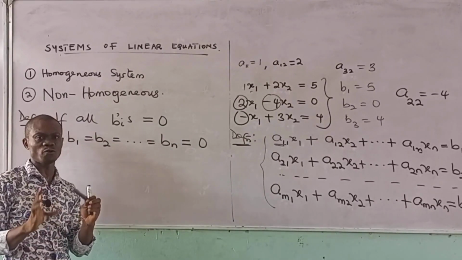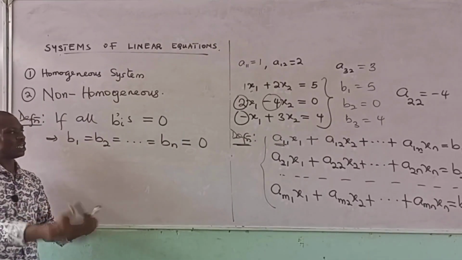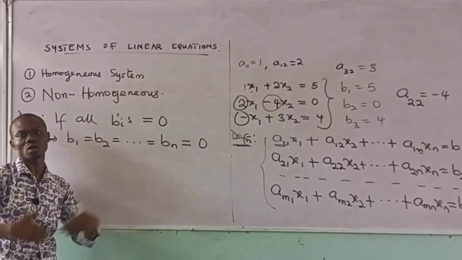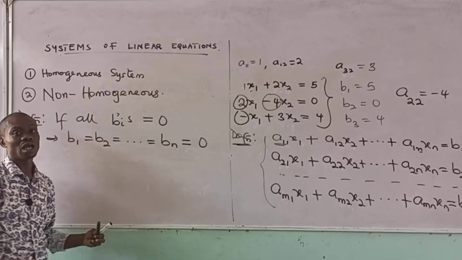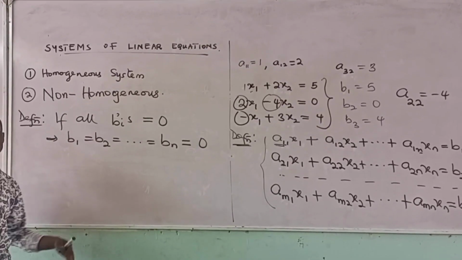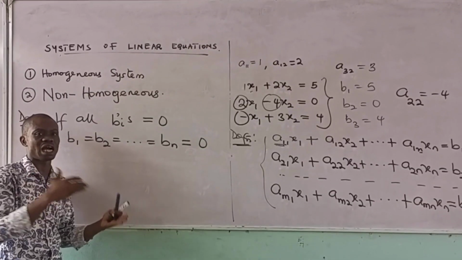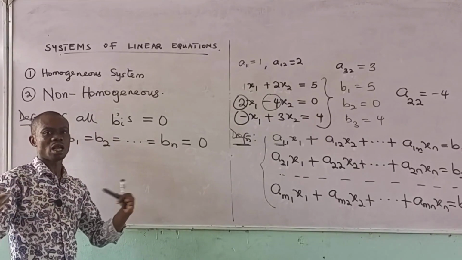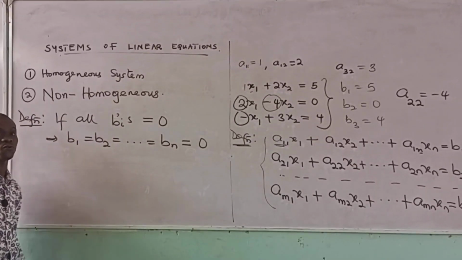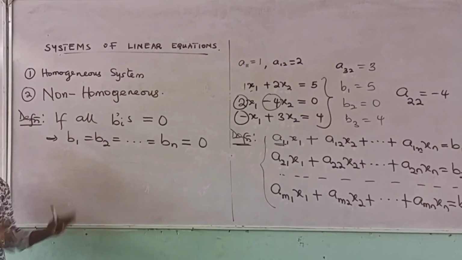You will see how beautiful this is when we begin to interact with systems of equations, other solutions, and other things that we are going to see here, such as the concepts of linear dependence and linear independence. We are going to see how beautiful the concept of a homogeneous system is going to be.